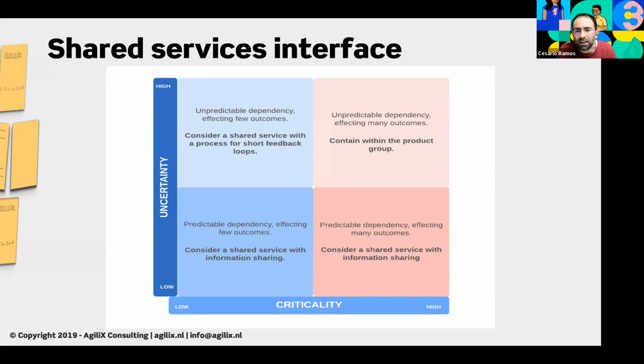Criticality meaning that what this shared surface does is very critical for the success of my product group. The higher the criticality, the more important it becomes from that perspective.